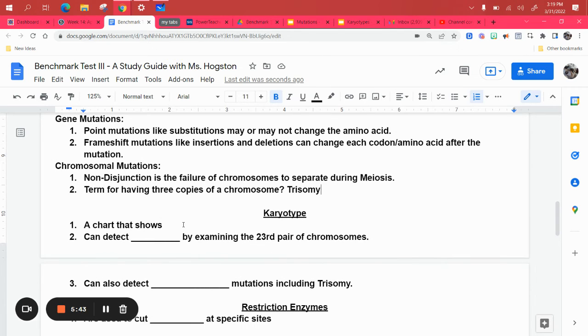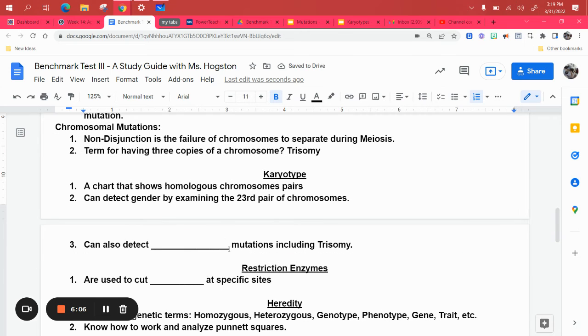A karyotype is a chart that shows homologous chromosome pairs. You can detect gender by examining the 23rd pair of chromosomes, and we can detect non-disjunction mutations, including trisomy.